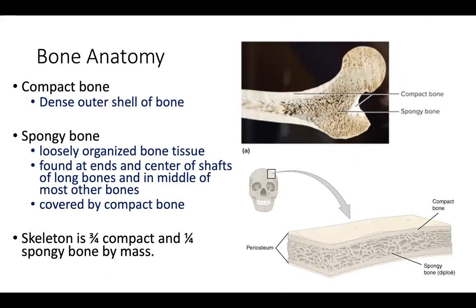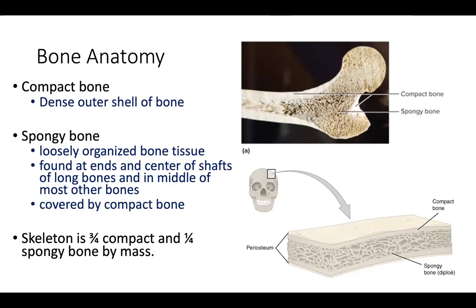And a bone typically has 2 layers and 2 different types of bone within it. So there's compact and spongy bone. They are very well described by their names. Compact bone is a dense outer shell. Spongy bone looks spongy. So there's a lot of space in between the individual pieces of spongy bone, which you can see here.